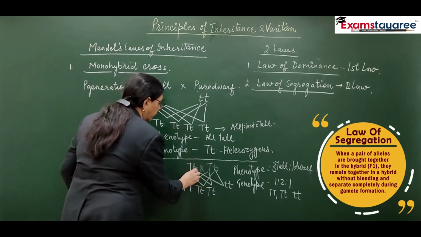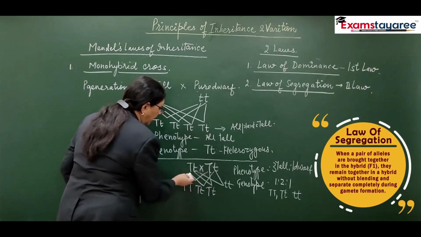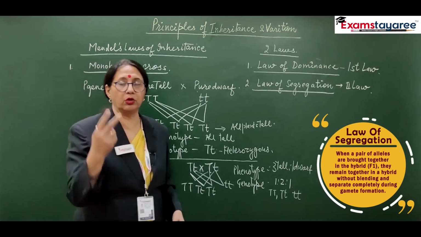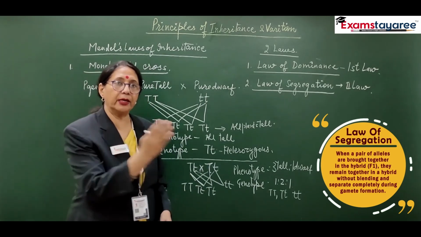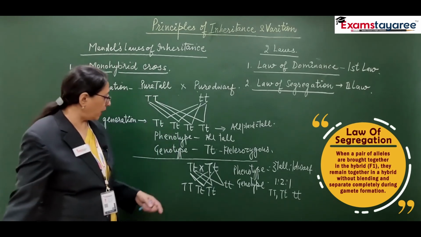So, you can see here, they are segregating. So, out of the two chromosomes, one chromatid will go in one gamete and one chromatid will go to the other gamete.